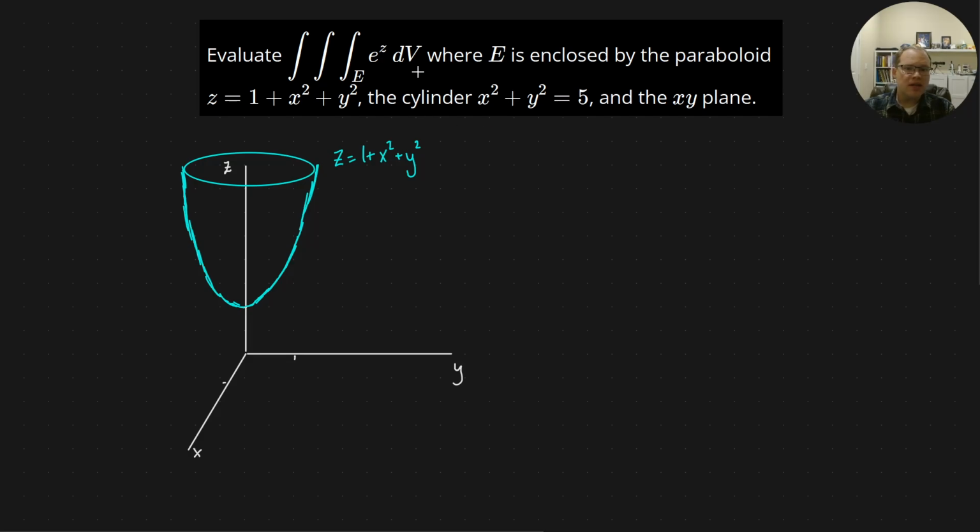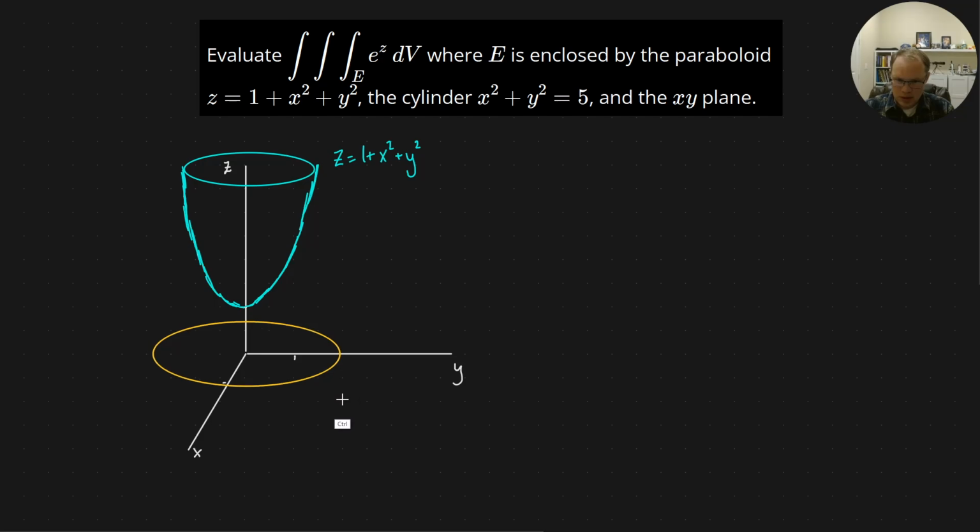And we're also within the cylinder x squared plus y squared equals 5. Okay, so x squared plus y squared equals 5. That is a circle of radius equal to the square root of 5. Square root of 5 is just going to be a little bit bigger than 2. So 1, 2.